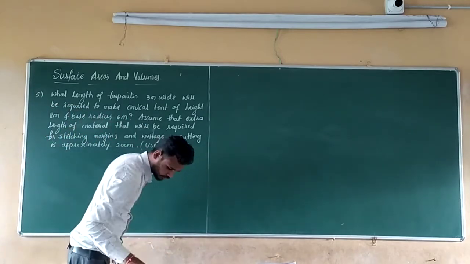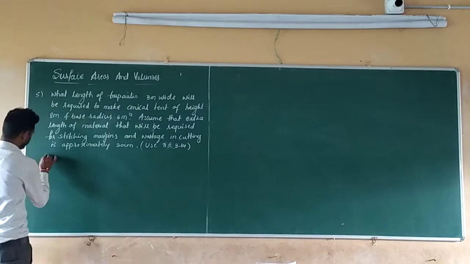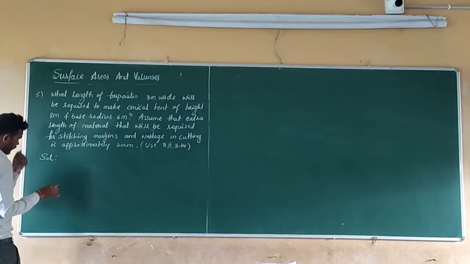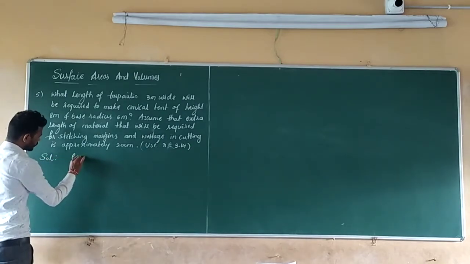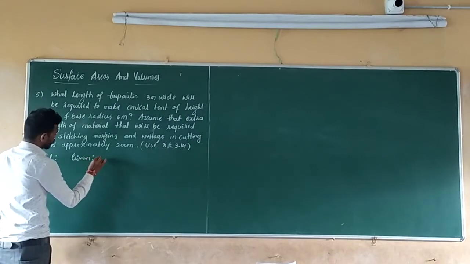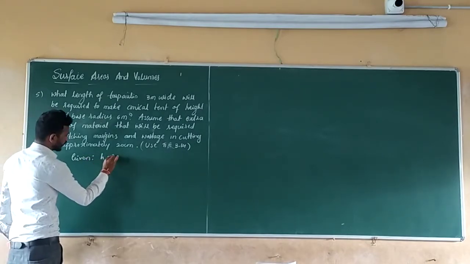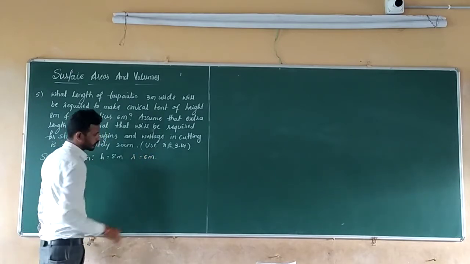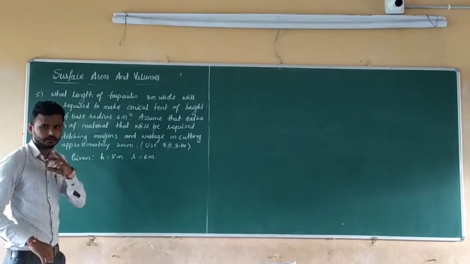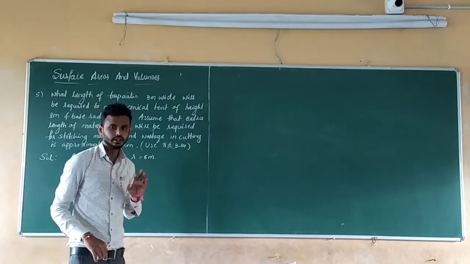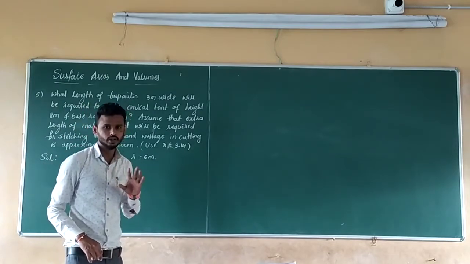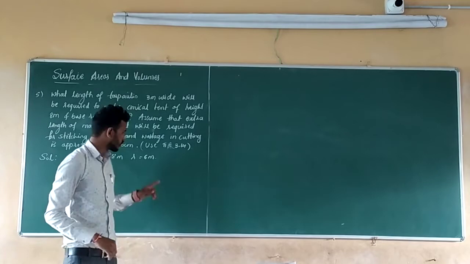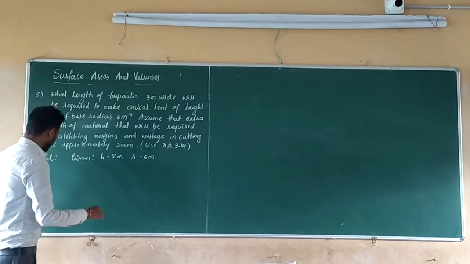So let us see. Given: height is 8 meter, radius is 6 meter. For finding the CSA of the conical tent, we need to find the slant height. So first find the slant height.